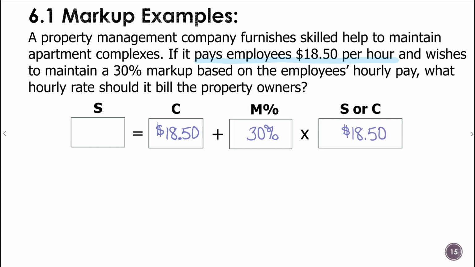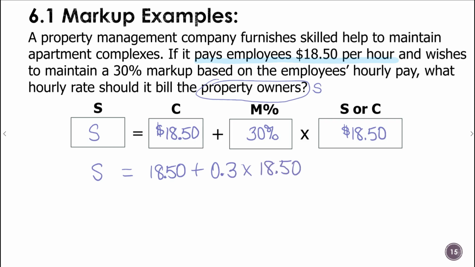And so it says, what hourly rate should it bill the property owners? So remember, the property owners would be S. So that is selling price, and that is the unknown for this formula. We write the equation, $18.50 plus 30% of $18.50.